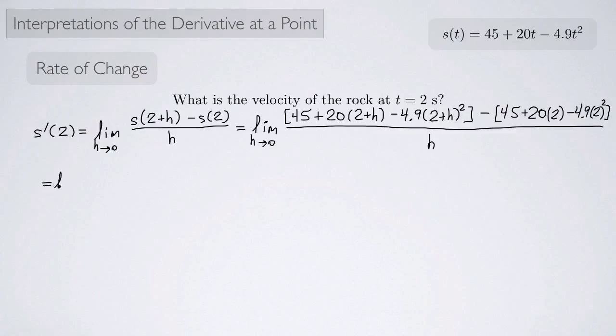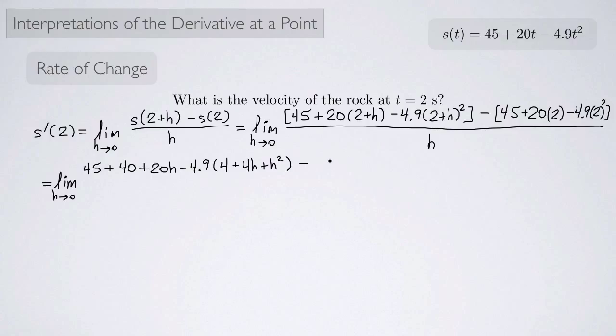So let's try and simplify this a little bit. So I have the limit as h approaches 0 of 45 plus, and then let's see, 20 times 2 is going to be 40, and then I'm going to have a 20h. And then I'm going to have minus 4.9 times this thing, 2 plus h squared. Let's write that out. So that's going to be 4 plus 4h plus h squared.